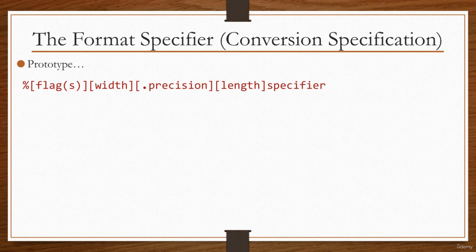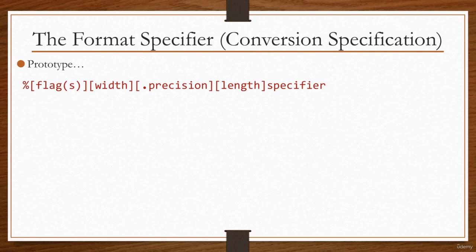Before moving on, I would like to note the format, or the prototype, of the format specifier. As I mentioned, it starts with a % character, and that can be followed by an optional flag, which is basically going to modify the output. It can be an alternate representation. It can allow us to show the positive sign. Then it can also specify the width. As with the field width that we covered before, those are the minimum number of characters to be printed.